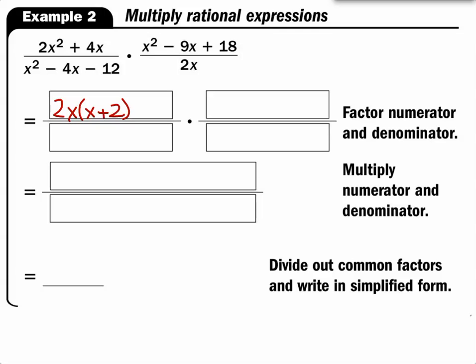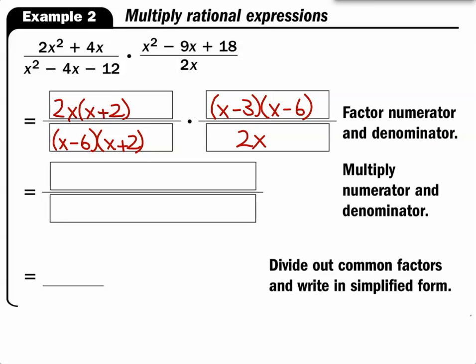The denominator of the first polynomial factors into x minus 6 times x plus 2. Over on the right fraction, that numerator factors into x minus 3 times x minus 6. And then the denominator, well, there's really nothing to do. It's just 2x.